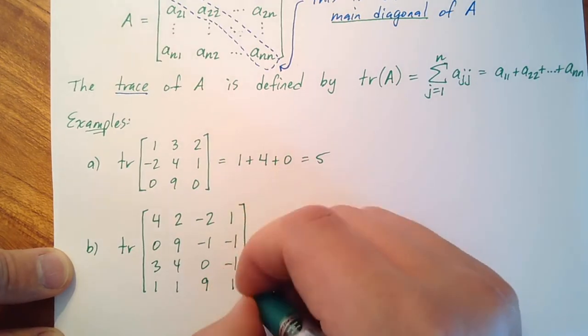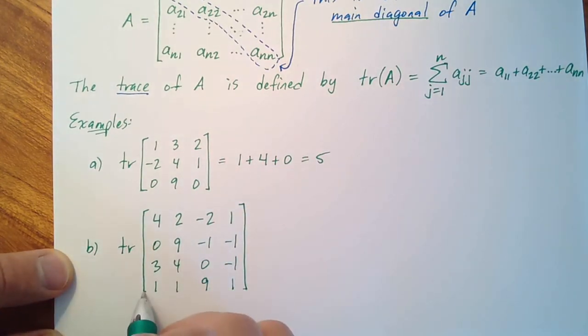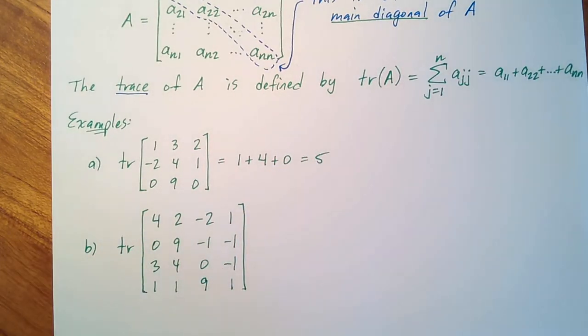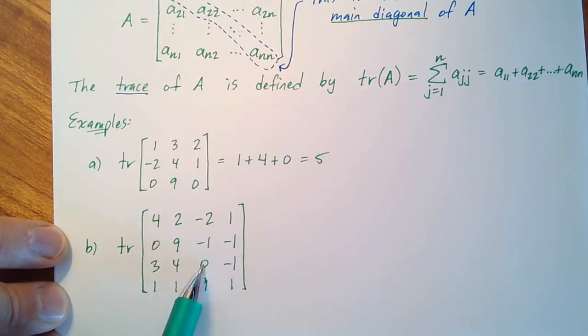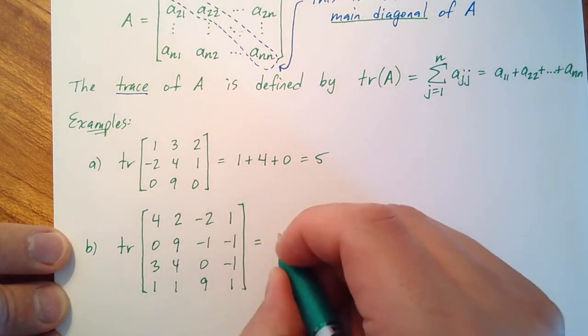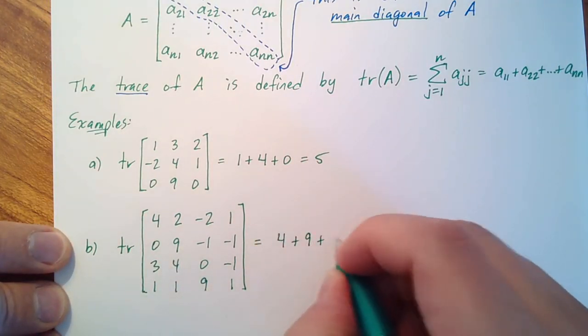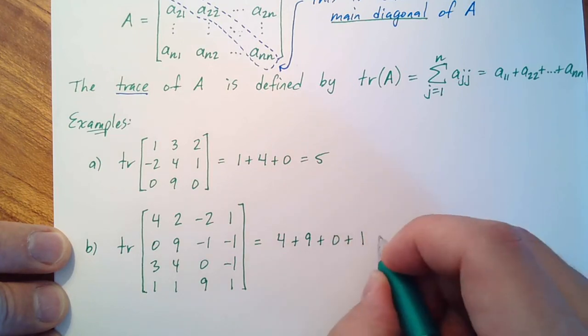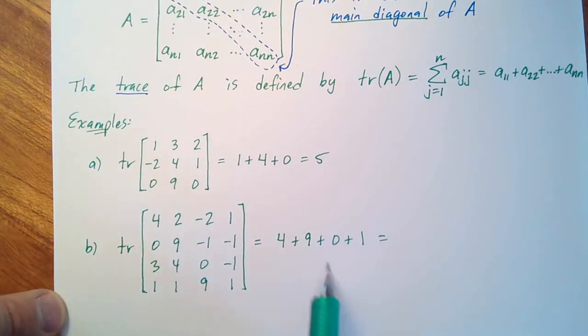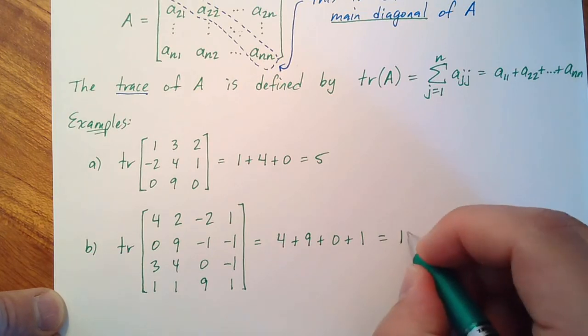So that's our fourth row. So that is a 4 by 4 matrix. What's the trace? Well, same thing, right? Just add up all the entries in the main diagonal. The 4, the 9, the 0, and the 1. So that is going to add up to what? 9 plus 1 is 10, so you get 14.